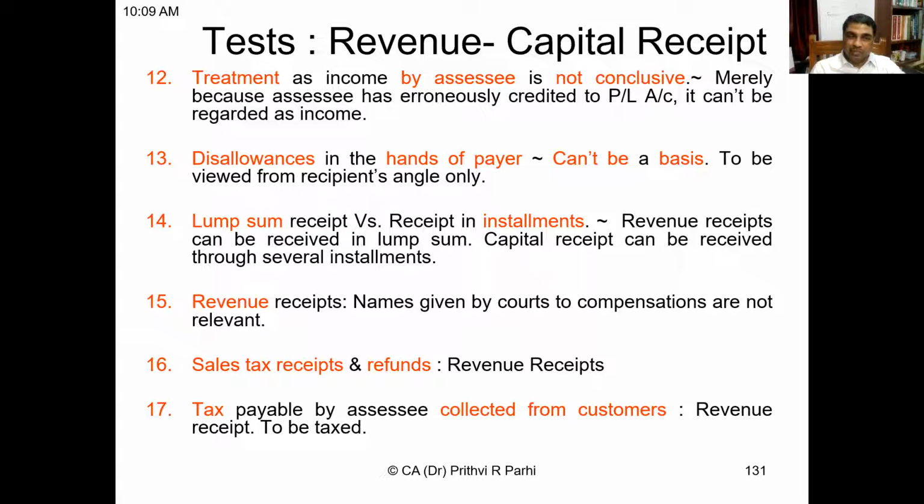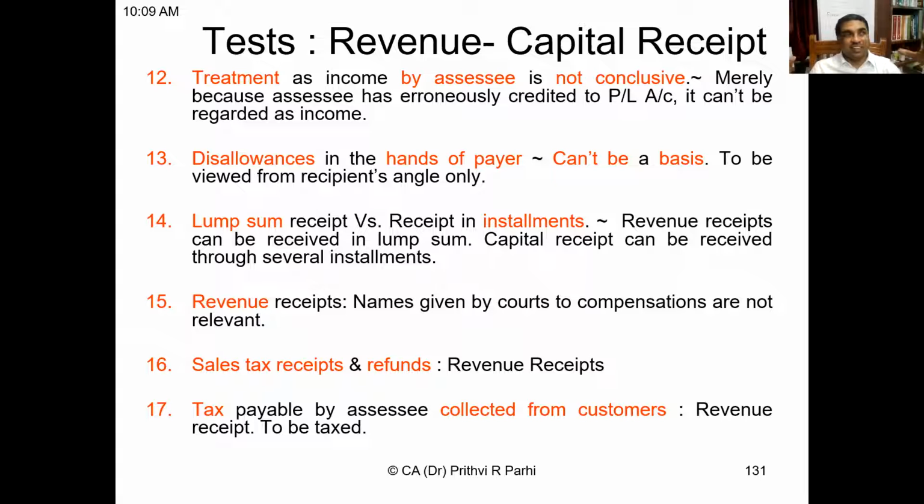Yes, sir. Then lump sum receipt or receipt in installments, that doesn't matter. Revenue receipts can be received in lump sum, and capital receipts can also be received in installments. So you have received a lump sum of big money. That doesn't mean that it will become a capital receipt.